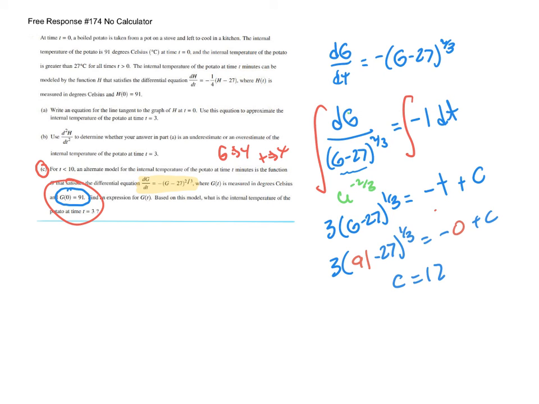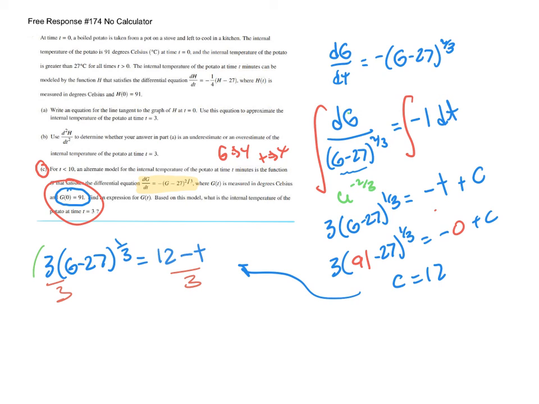That tells me that the equation looks like this. We have 3 times (g minus 27) to the 1/3 equals negative t plus 12, or you can write 12 minus t. Okay. And then we need to solve for g. So we're going to divide both sides by 3. And then we'll also take the cube root.